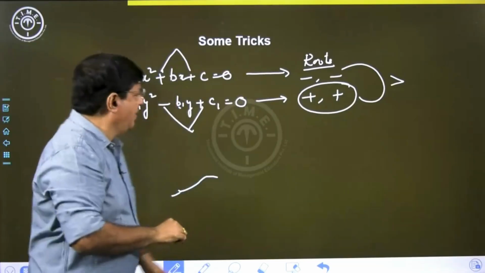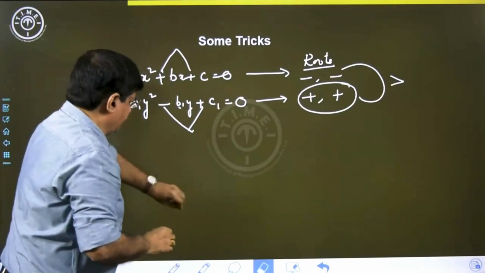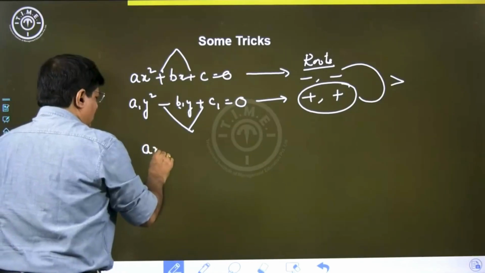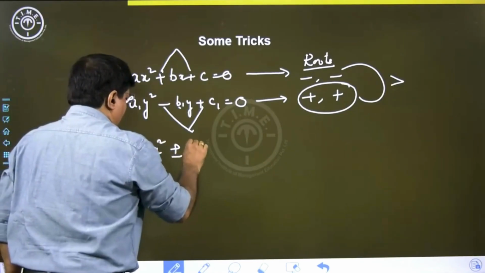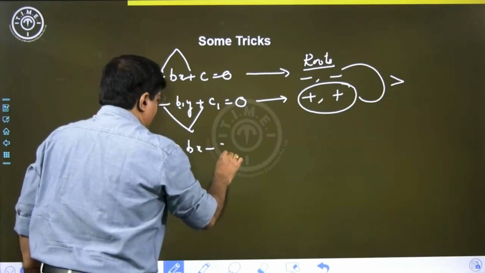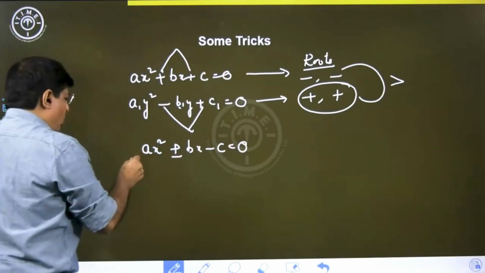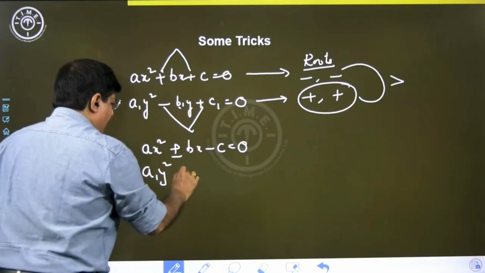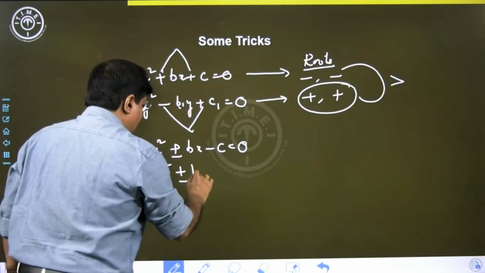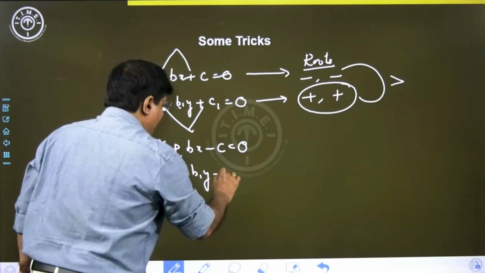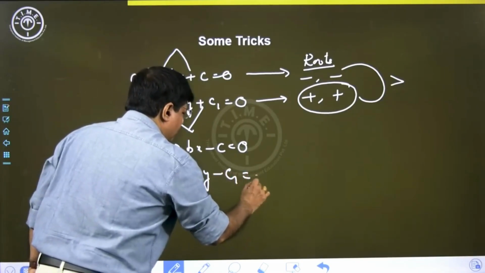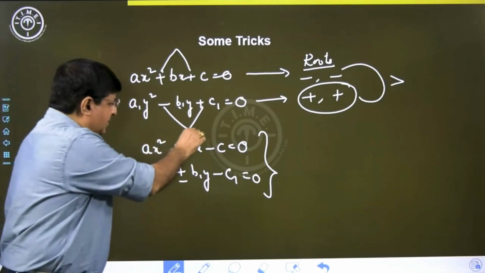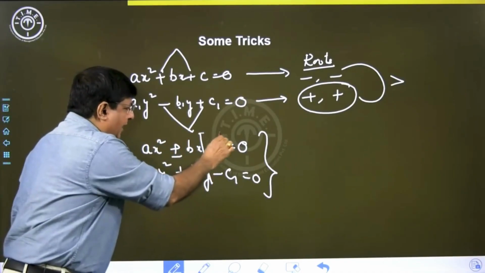That is the first point. Second point, I will take two equations again: ax square plus or minus bx minus c equal to 0, and a1y square plus or minus b1y minus c1 is equal to 0. Now if you look at these equations, the sign of the constant is minus in both.